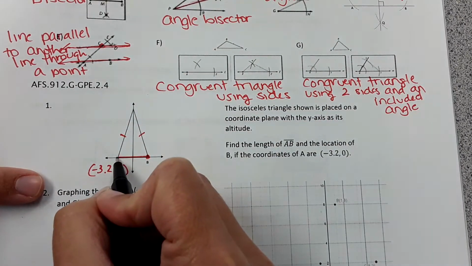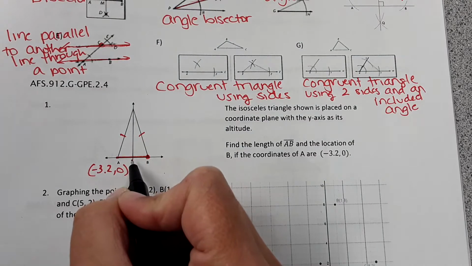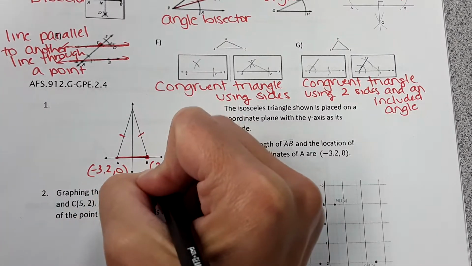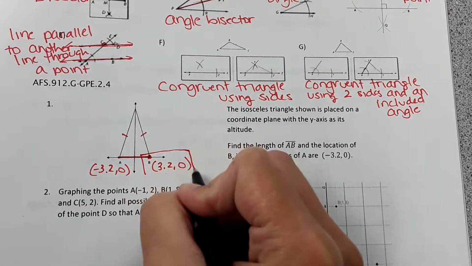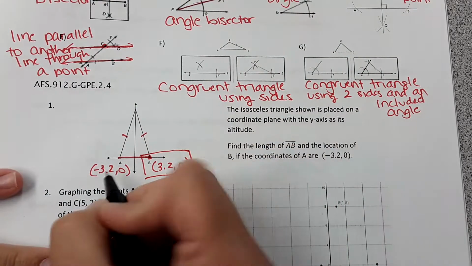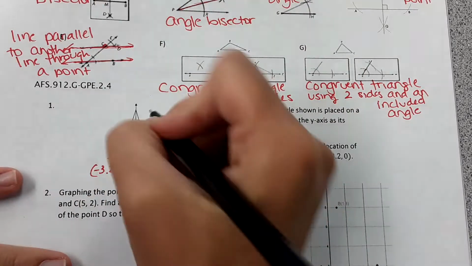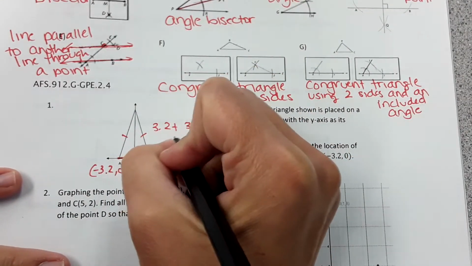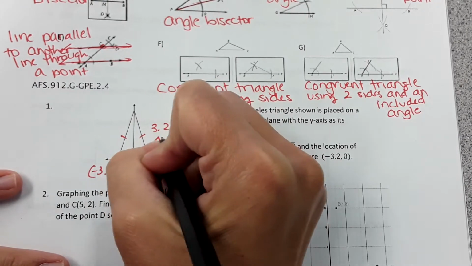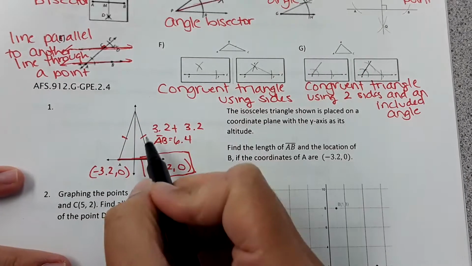That means this is the same distance from this y-axis here. So B must be at positive 3.2, 0. So that's the coordinates of B that it asks for. And then it asks for the length of this segment. Well, the length would be 3.2 plus 3.2, which would equal 6.4. So the length of AB is 6.4.